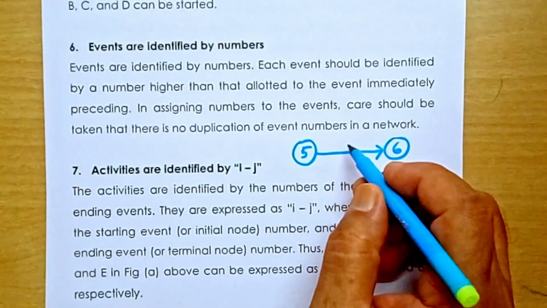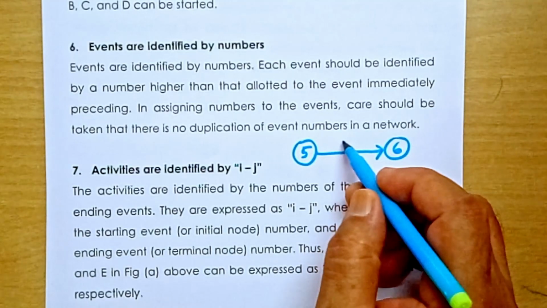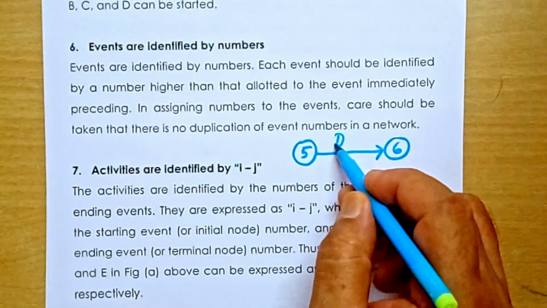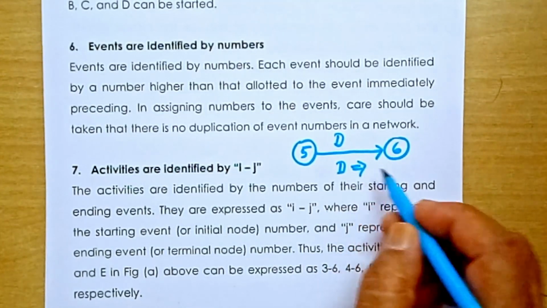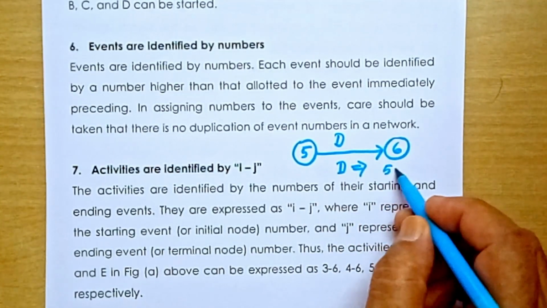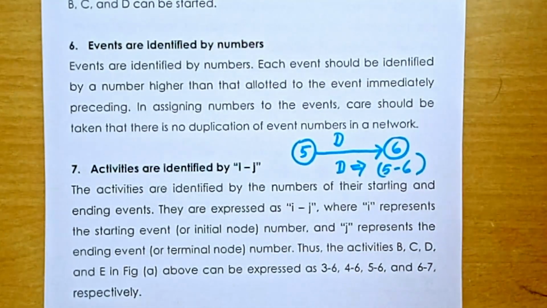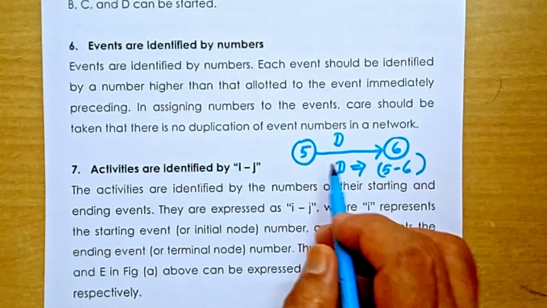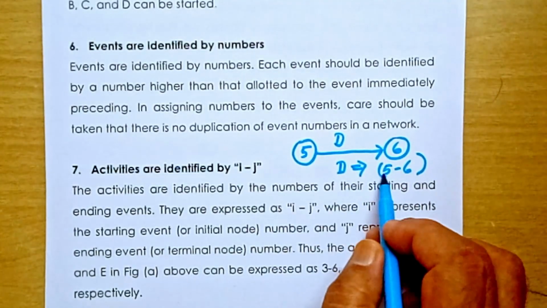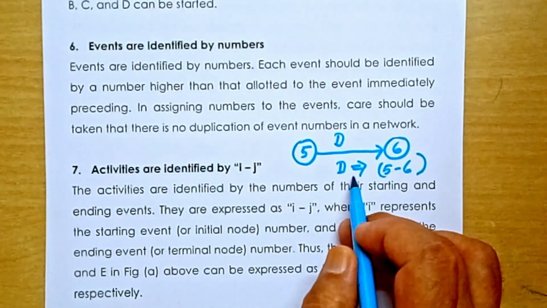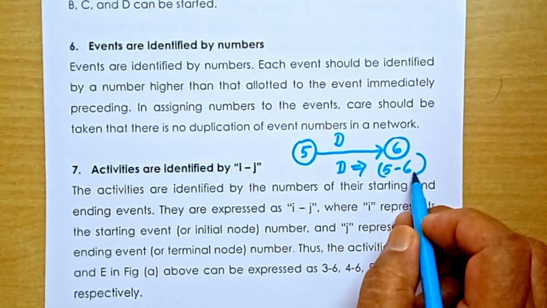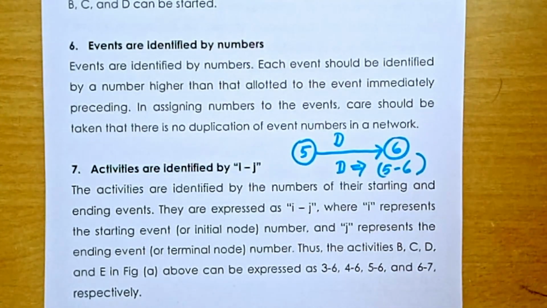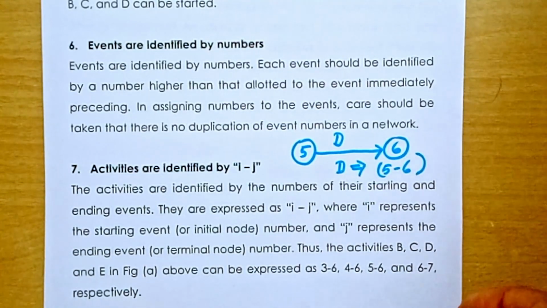So this activity you can call activity D, and D is also represented by 5 to 6, like this. Here I is 5, J is 6, ith node to jth node. So D can also be represented by 5-6, 5 to 6. So I to J. This is how activities are identified. Okay.